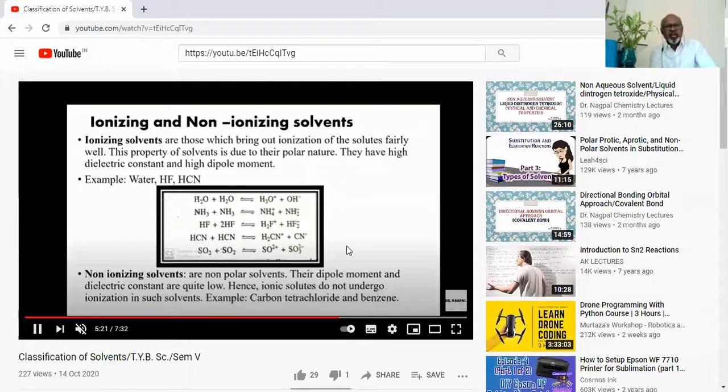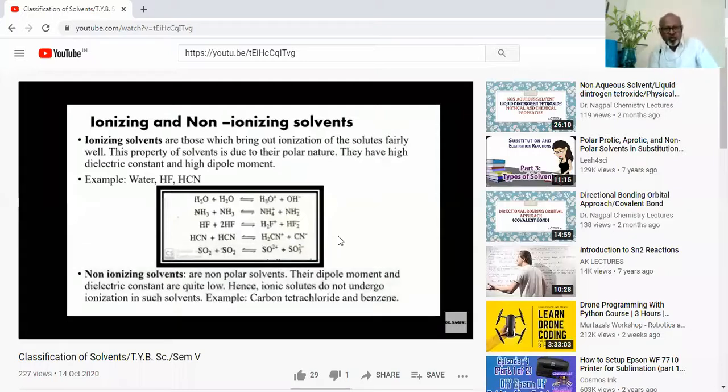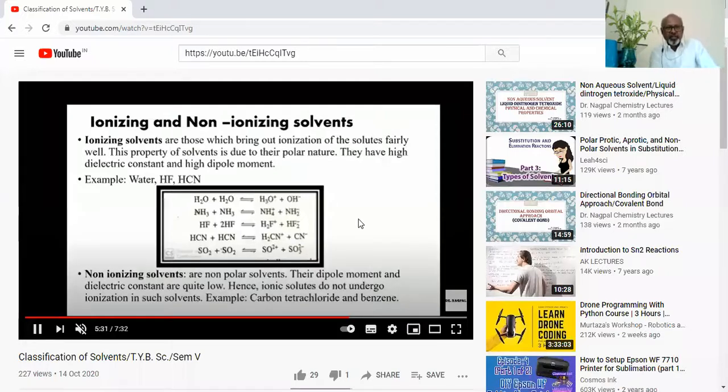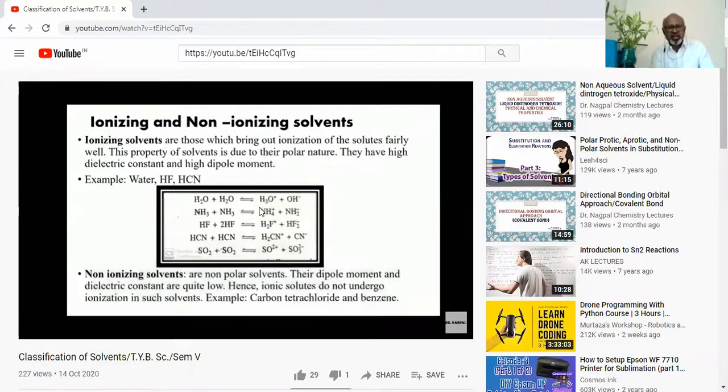The dielectric constant value is very, very low. So the ionic solids do not undergo ionization in such solvents. For example, CCl4, carbon tetrachloride, chloroform, and benzene. These are the best known examples in this context.